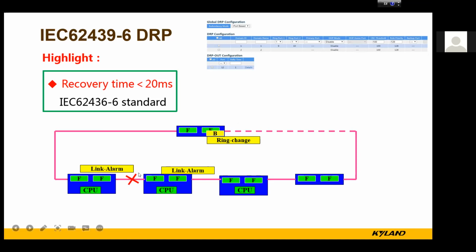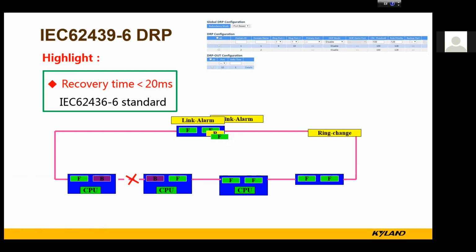And if there is a link failure here, it will trigger the blocking status on these 2 ports. And then the 2 switches will send the link alarm to the root. Then the root will forward the initial blocking space and send the ring change to the whole network.